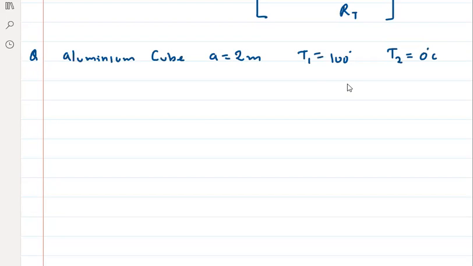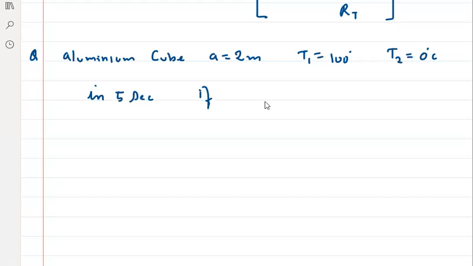Got it? So my question is, what is the amount of heat which flows through this in 5 seconds?